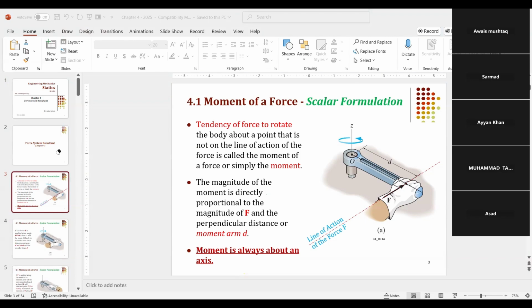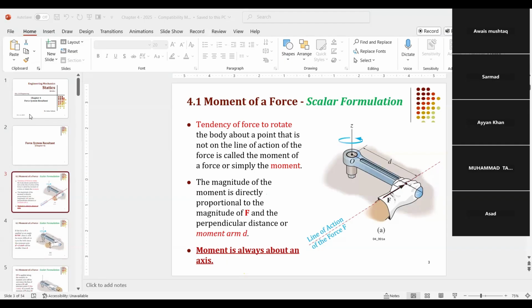Okay, so here the first slide is about moment of a force. You have learned about moment in your high school physics, and the moment is basically the rotational effect of a force.